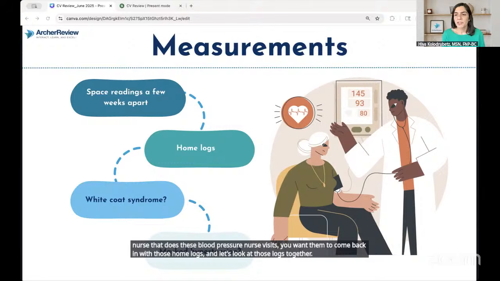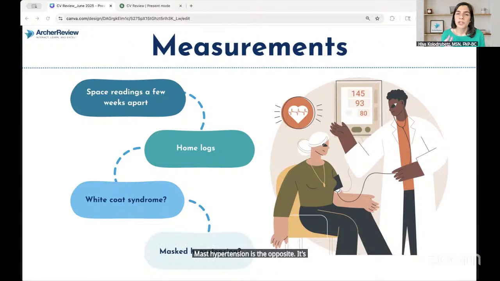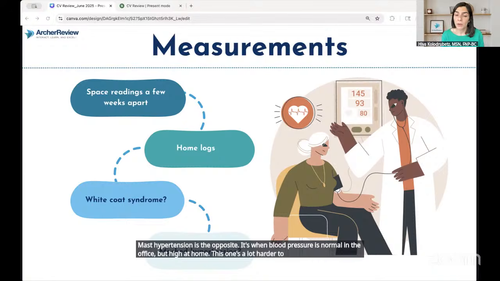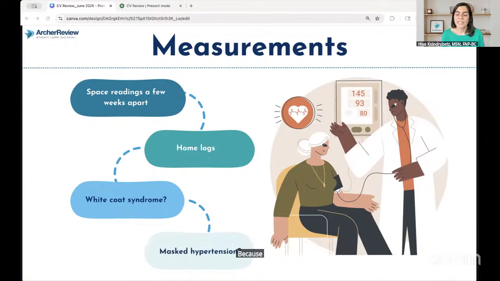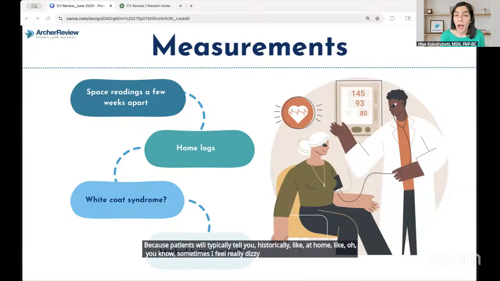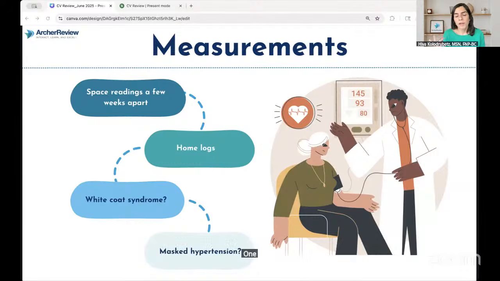Masked hypertension is the opposite. It's when blood pressure is normal in the office but high at home. This one's a lot harder to diagnose because patients will typically tell you historically, like at home, like, oh, sometimes I feel really dizzy or I kind of feel off. One thing as part of your differentials that you can think about is, could this be masked hypertension?